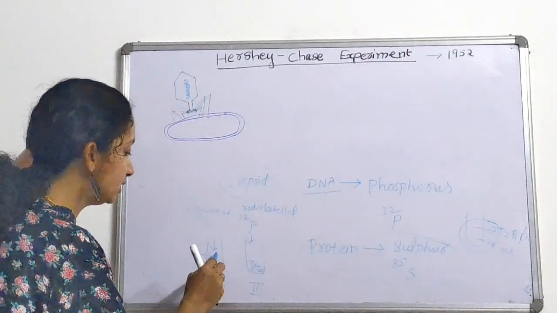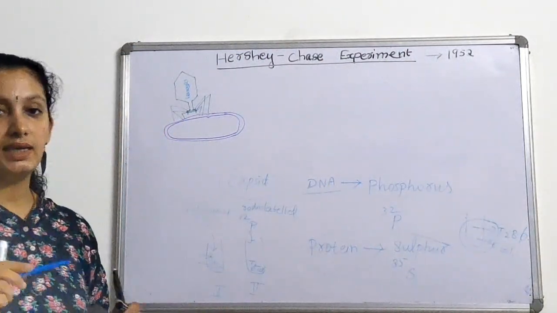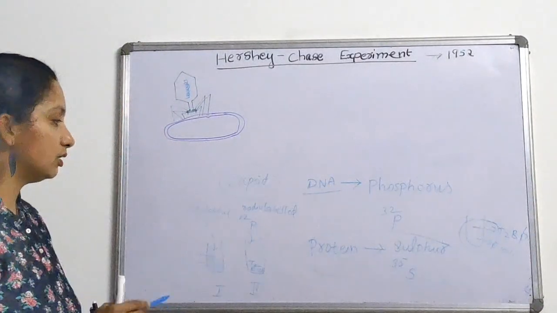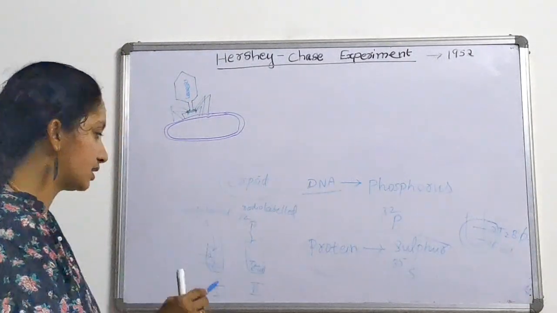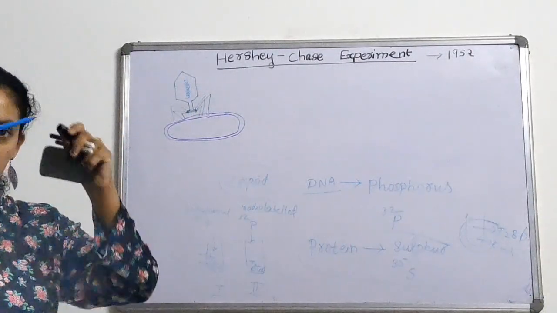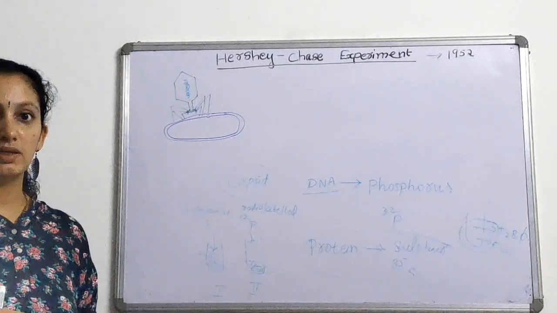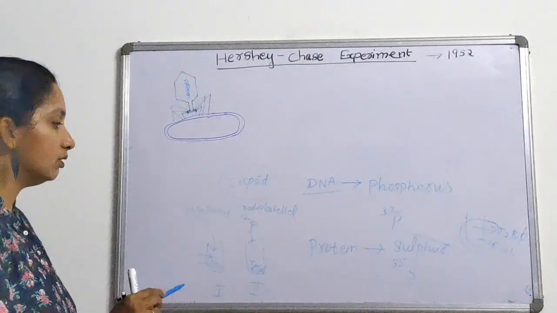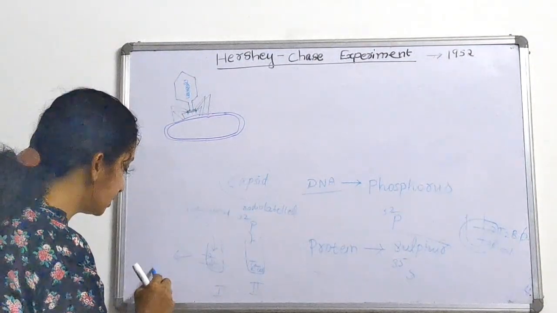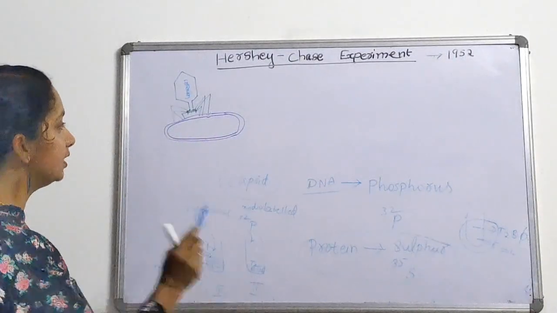So the protein sheath is radio labeled in the first case, and in the second case the DNA is radio labeled, because the composition of DNA contains phosphorus and the composition of protein contains sulfur. Now, after doing this, infection is carried out.